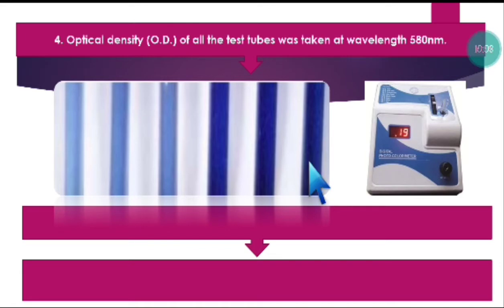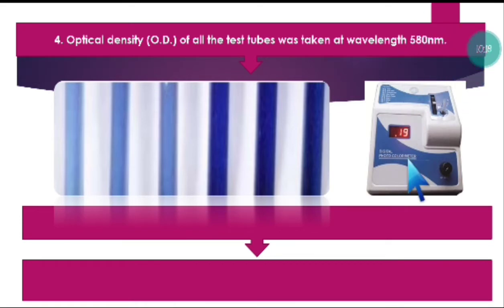After you get this reaction, this blue colored complex, the next step is to take the optical density of all these test tubes using this photocolorimeter at a wavelength of 580 nanometer.